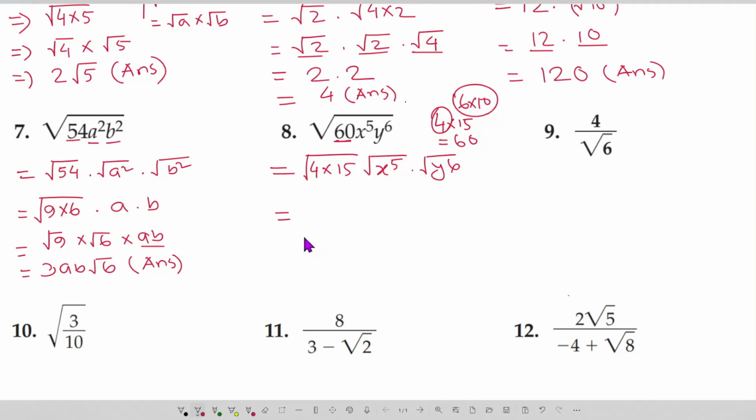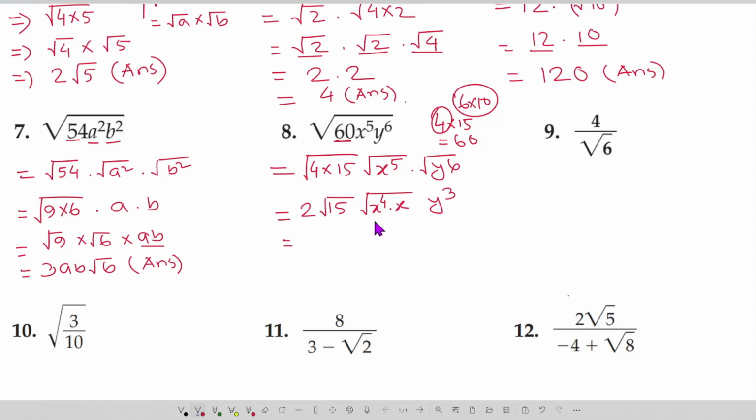Now, what can we do? Root 4 means 2, right? And here is also root 15. Then this x to the power 5, we can write as x to the power 4 times x, just to segregate this one. Root y to the power 6 means y cube, right?